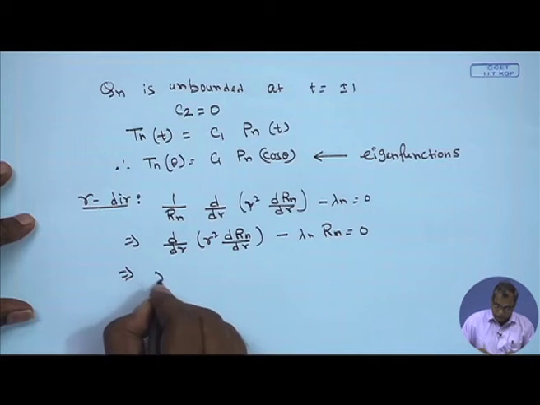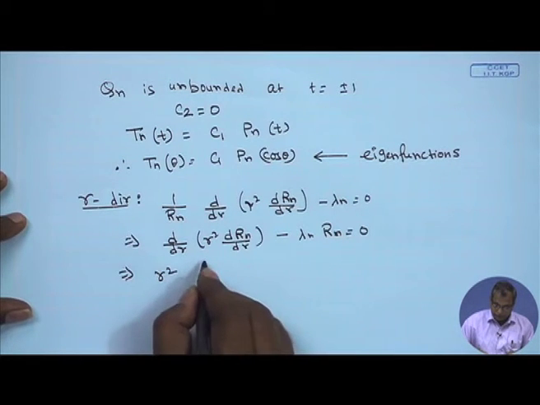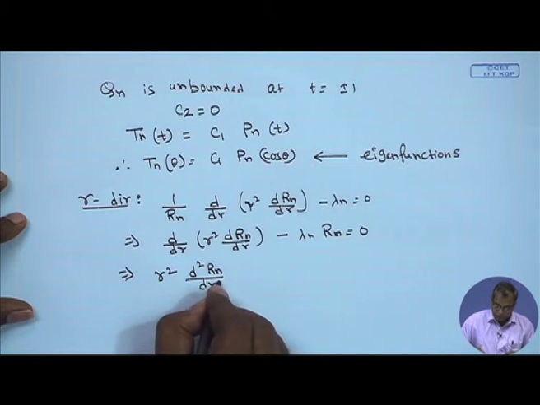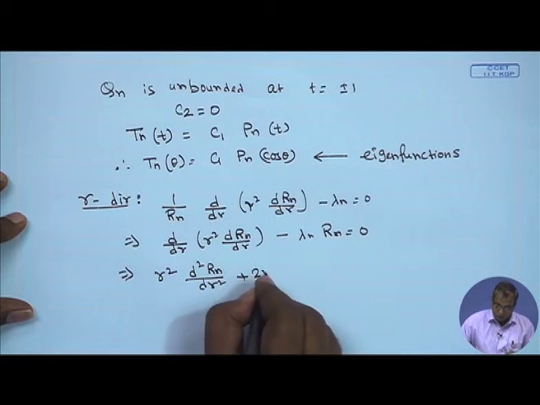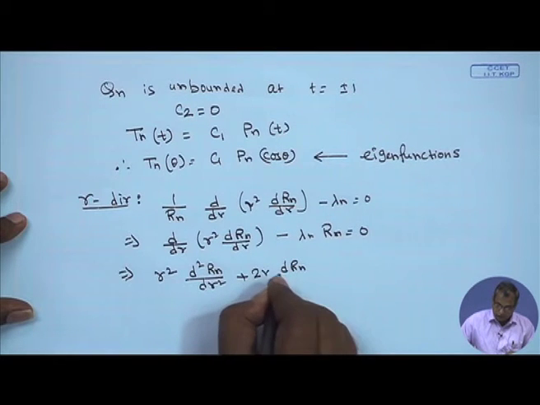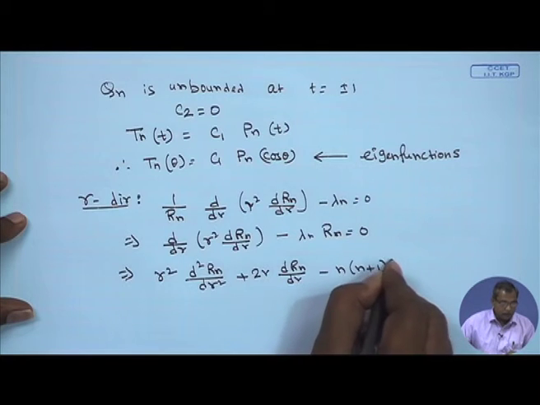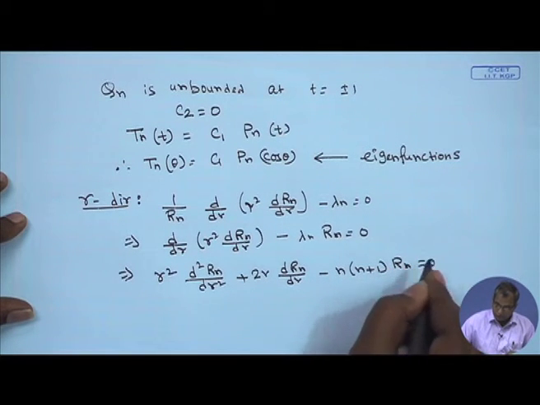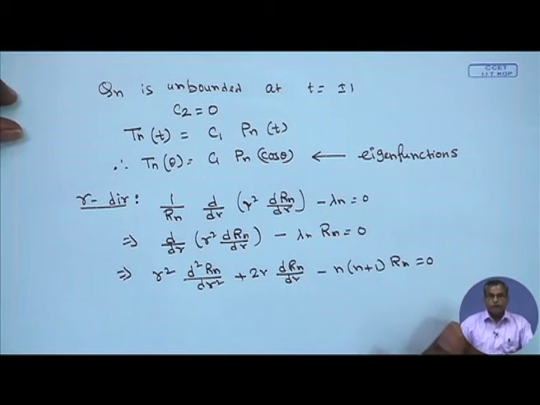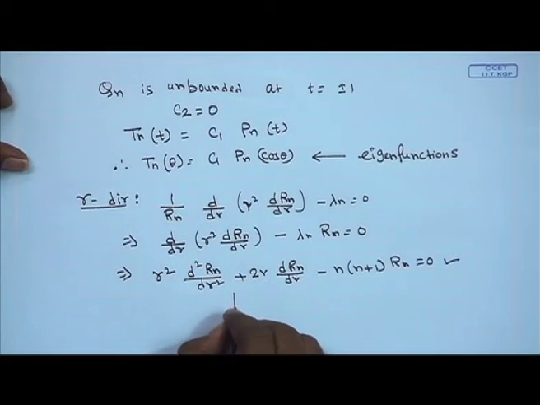So, just open up this differential equation: r square d square Rn dr square plus 2r dRn dr minus n into n plus 1 Rn is equal to 0. Now, if we remember the special ODEs that we have already discussed earlier, this particular equation falls under the category of Euler's equation.